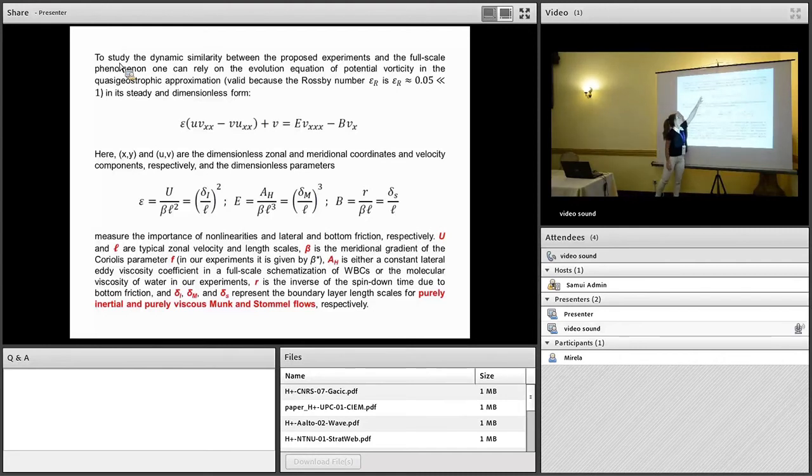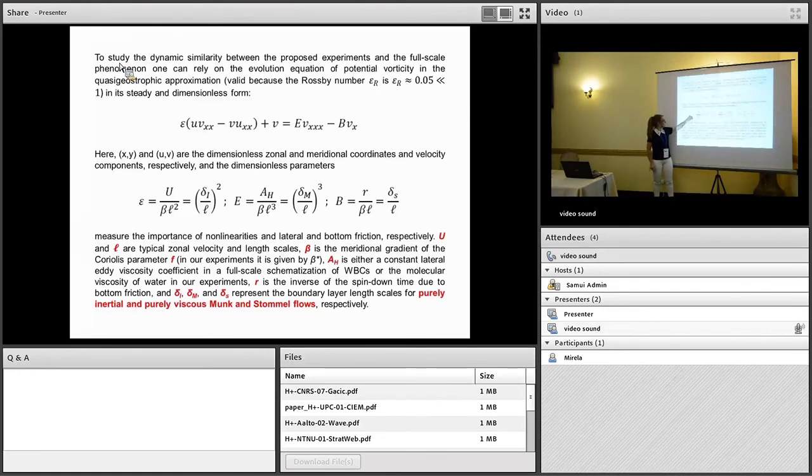The first one is this epsilon value multiplying the non-linear terms. This epsilon parameter is given also by the ratio between the size of the inertial boundary layer and the horizontal dimension of the western boundary current, and that expresses the strength of the nonlinear terms, which play a very important role in real western boundary currents.